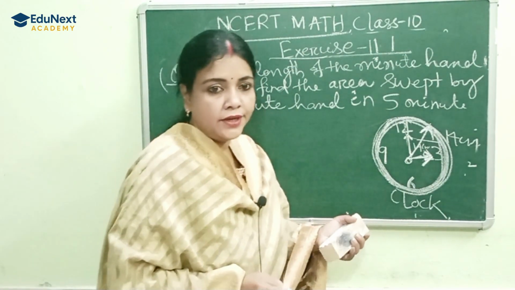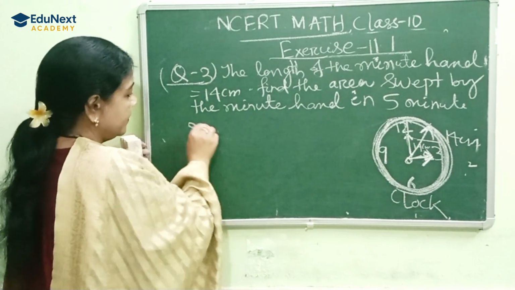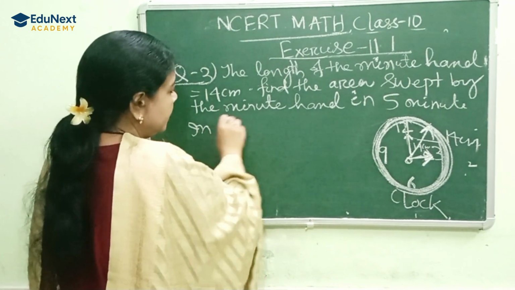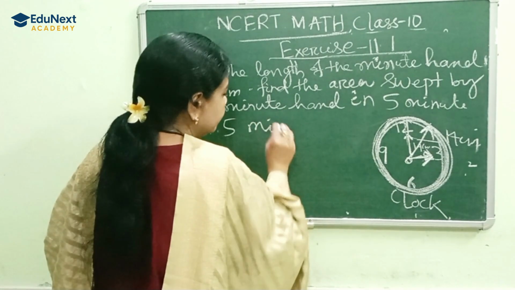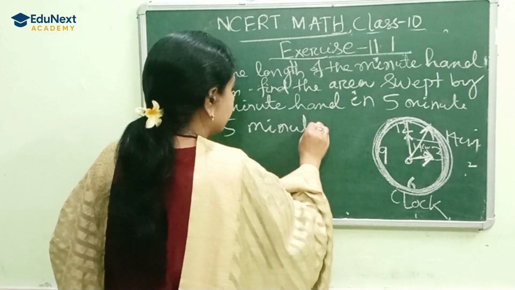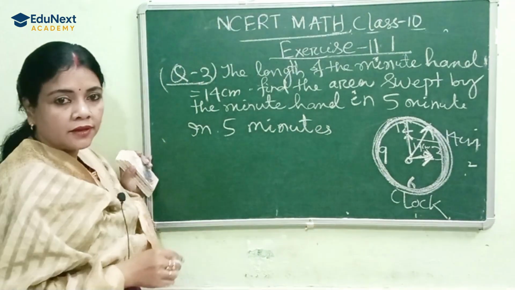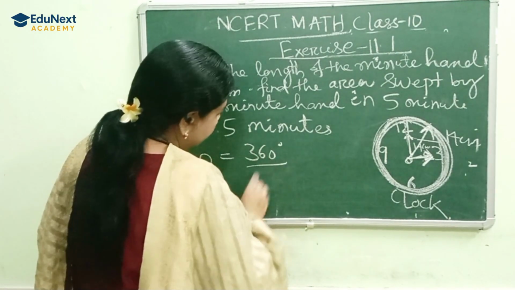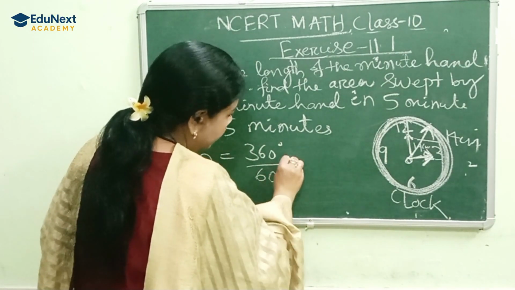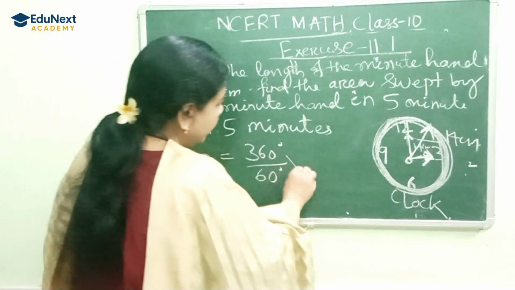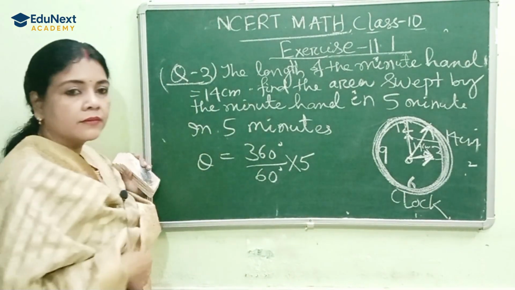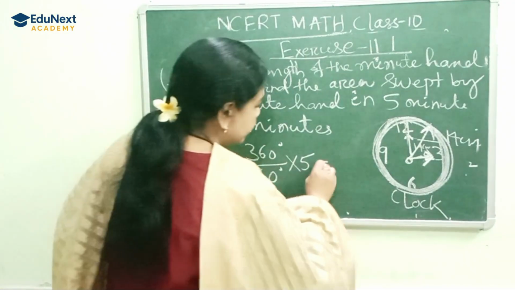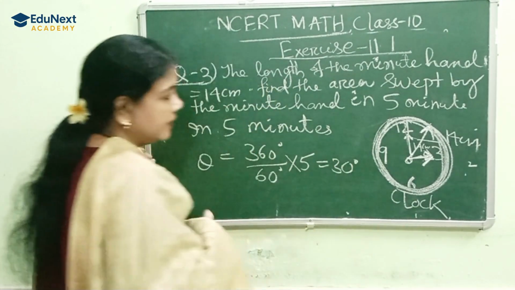So in 5 minutes, what is the angle? Theta is equal to 360 degrees divided by 60, into 5. That is 30 degrees.